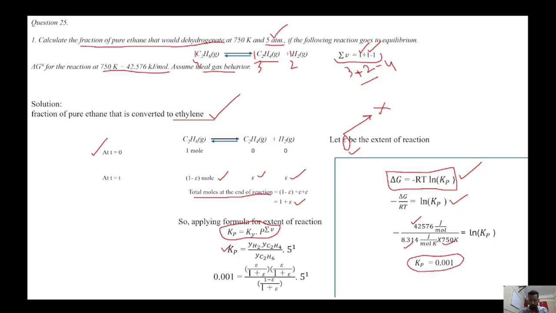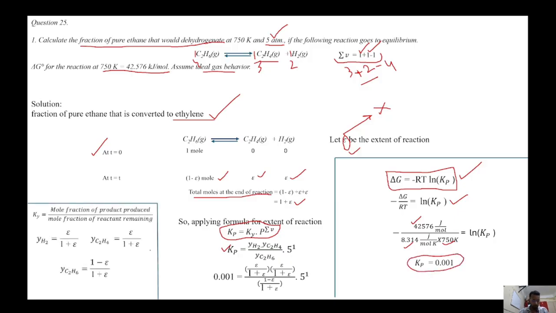Now, what about Ky? Ky is the mole fraction of the product divided by the mole fraction of the reactant. The mole fraction of H2 will be the moles of H2 produced divided by the total moles at the end of the reaction, and the total moles at reaction completion is 1 plus E. Similarly for C2H4.